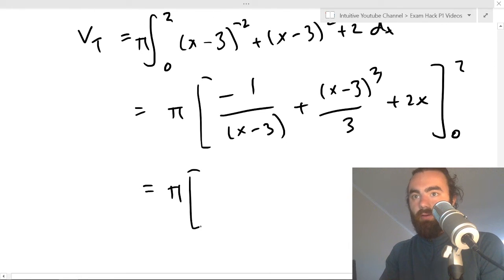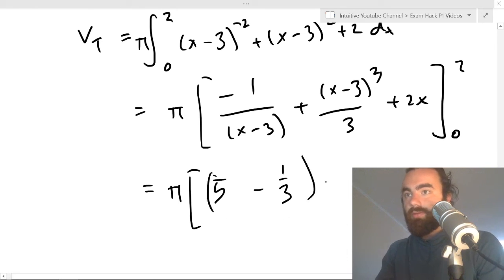So we get pi of, when this is 2, you get 1 plus 1 minus a third plus 4. So this is 5 minus a third for the 2, and then that minus 0 is 1/3.